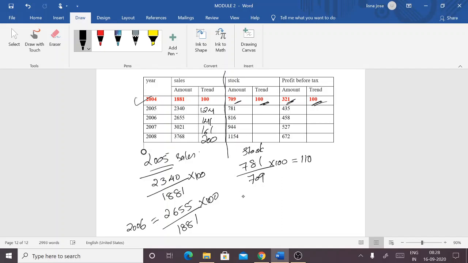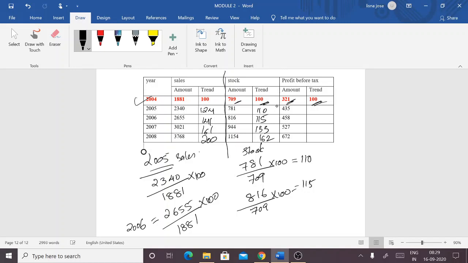And how can we calculate for 2006? It is 816 divided by the base year into 100, and it shows 115. So just like that you can calculate for the coming years also.